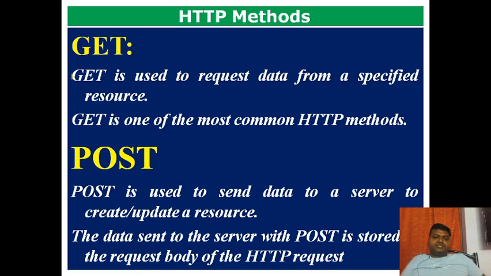Get, as the name suggests, whenever you are asking for certain information from the server, you will be using this method. Whenever you are submitting some information to the server or create or update a resource, we use post method.